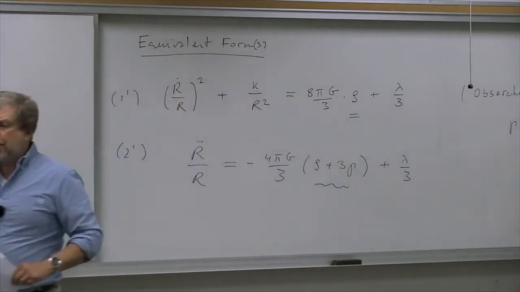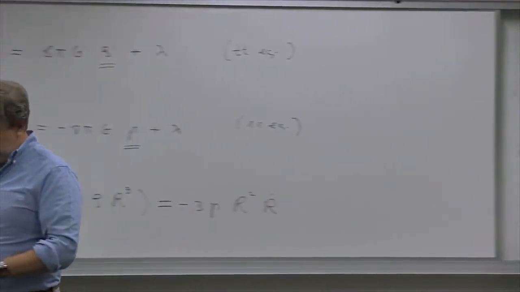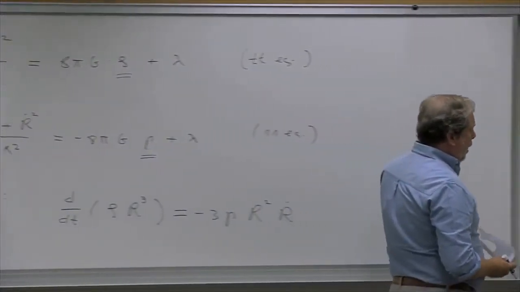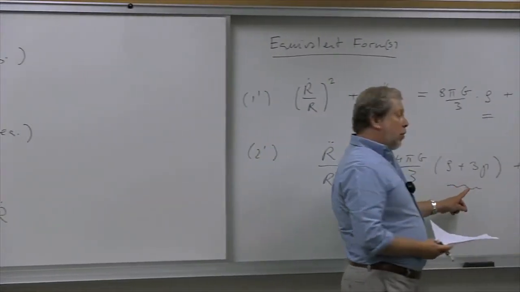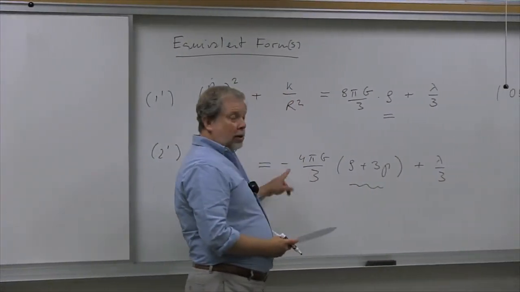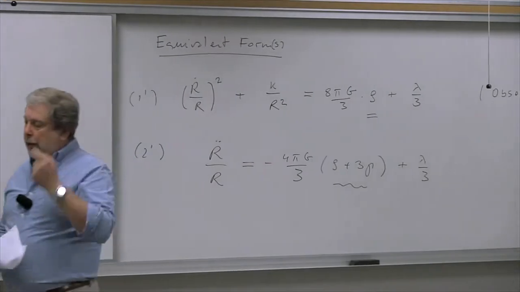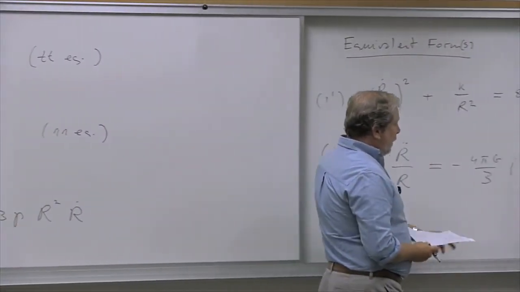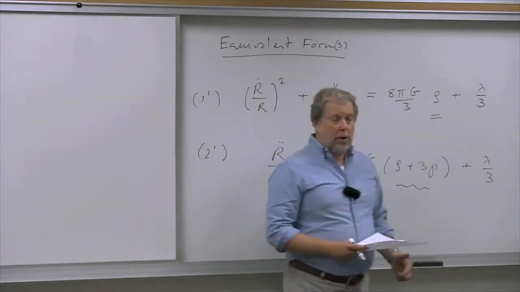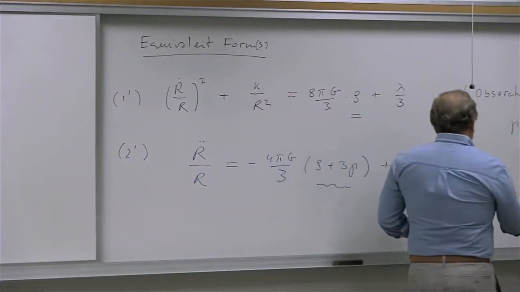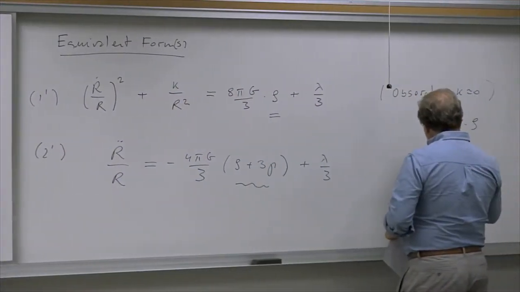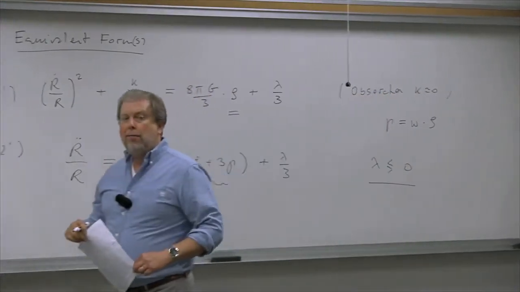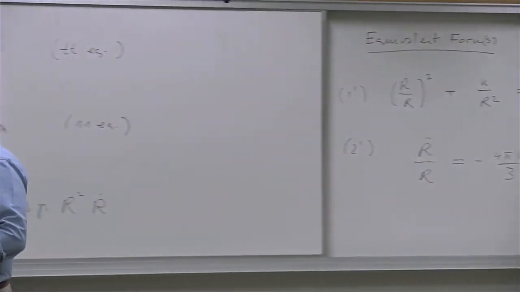So the acceleration is determined by, if lambda is negligible, the combination of rho and p, right? So generally you would expect that in fact this quantity be positive, in which case the acceleration would be negative, right? And that is going to be offset at some point by the fact that lambda is positive. Now, in general it is possible to have lambda with either sign, right?